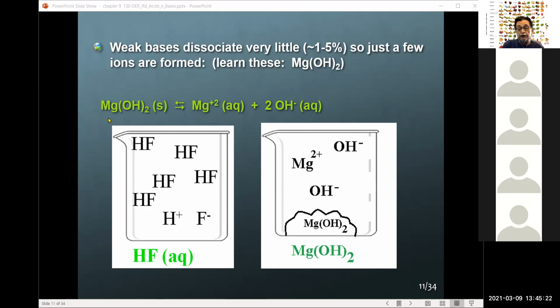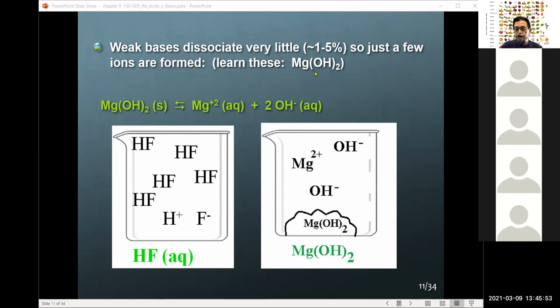I said in the beginning that ionic compounds will dissociate in water, but I also stated that some of these ionic compounds dissociate 100%, like sodium chloride, and some much less. Here's one example of an ionic compound that you would think would dissociate 100%, but it doesn't. It has to do with the solubility of it in water, so much less.